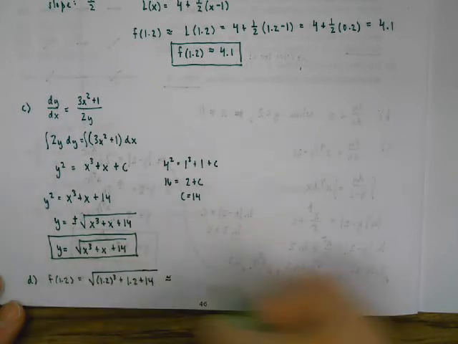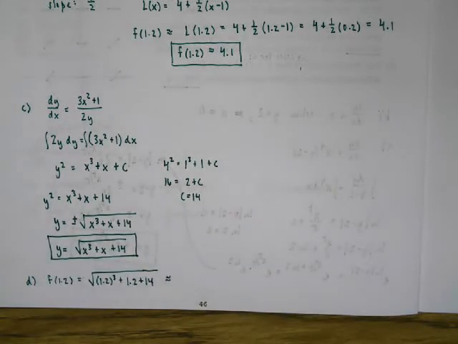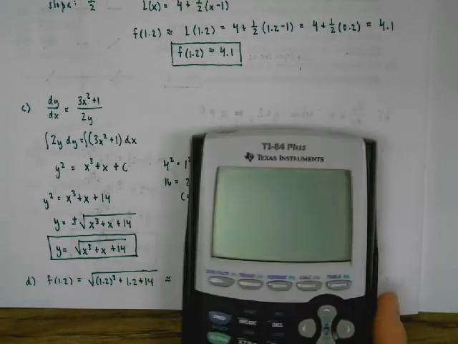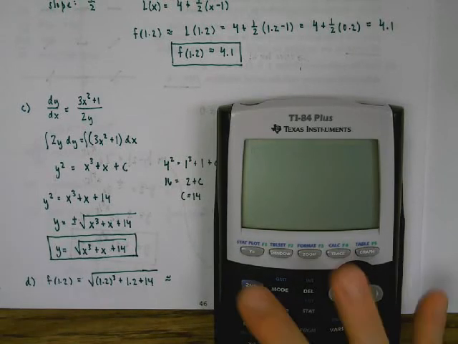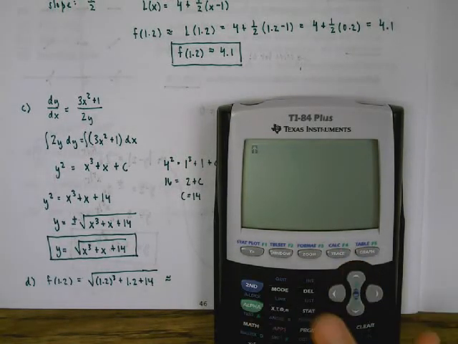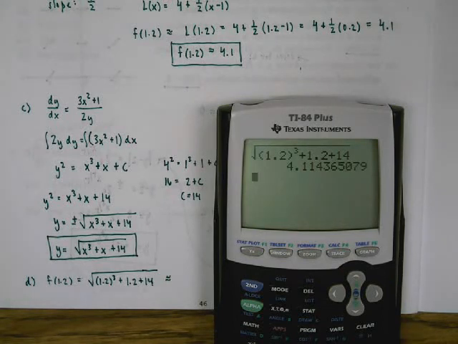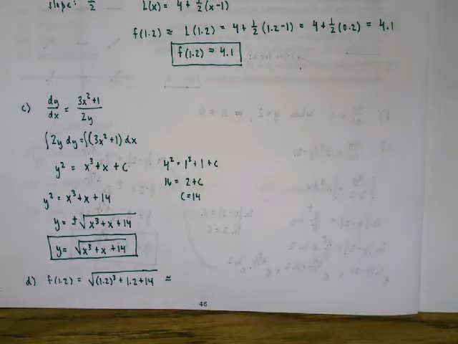Here, we will use our calculator to do this. All right, here we go. So I have the square root of 1.2 cubed plus 1.2 plus 14. So I get 4.114.